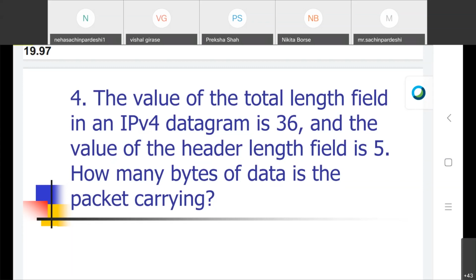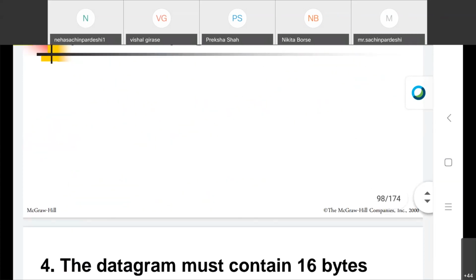And the total length is 36. So how many bytes of data is the packet carrying? Data size is equal to total length minus header length. So 36 minus 20 is equal to 16. So the packet is carrying 16 bytes of data.